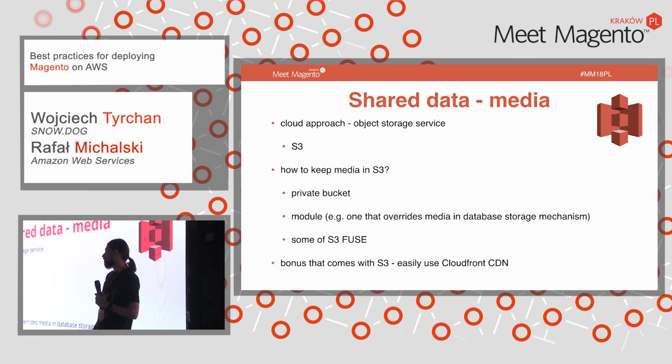You can use, for example, some module, one that overrides media in the database, or maybe some S3 file systems in user space. I don't recommend that. Performance is not so good, but you might do some experiments. Maybe some are better now. A bonus that comes with S3: you can easily use CloudFront CDN, which further decreases the load on your instances.